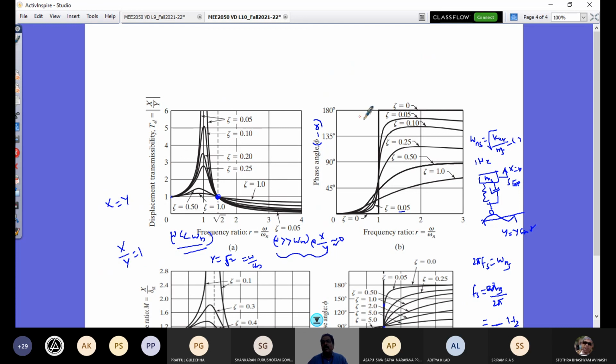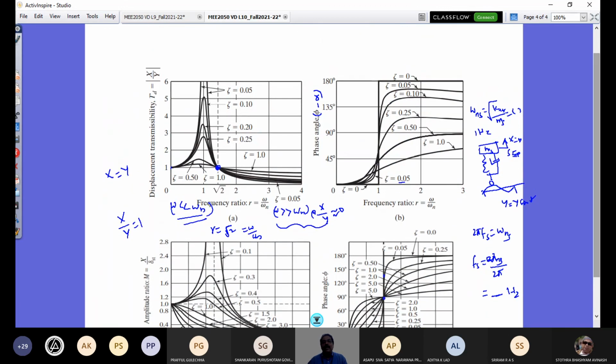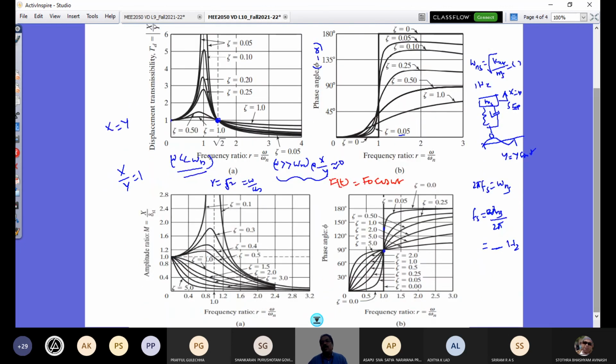This is the important observation of this variation, and I have just put these two together. This top one is for base excitation, harmonic base excitation, and this is for an external excitation.